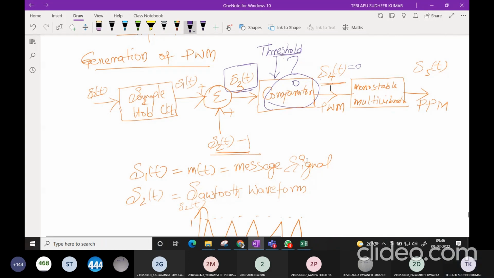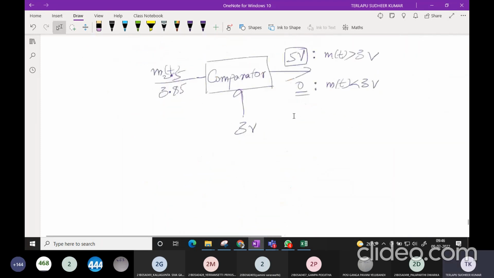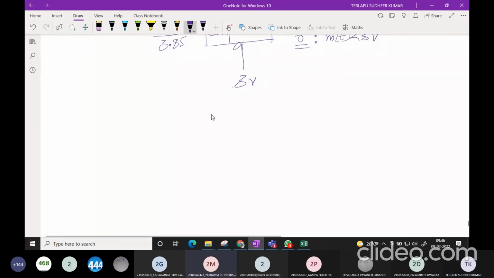Then, do you have any idea about the monostable multivibrator? No, sir. Okay. What a monostable multi will do is, we can trigger it using an input signal.